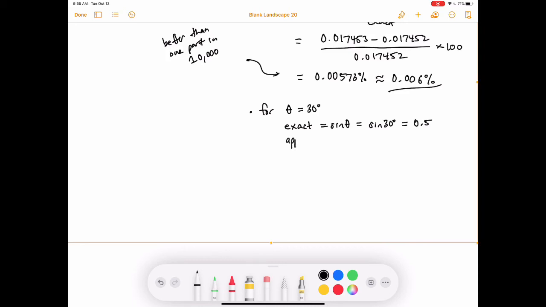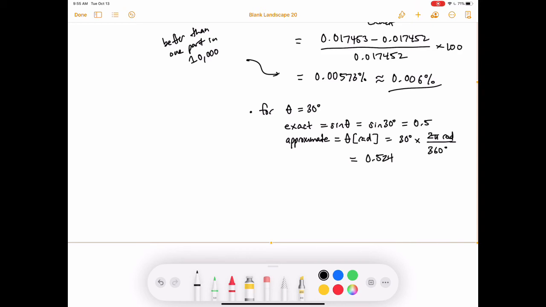The approximate value is theta in radians. So we'll take 30 degrees now and convert that to radians. Using the same conversion factor, we have 2 pi radians for every 360 degrees, and this turns out to be 0.524. So it's still pretty close, right? But it's not as close as it was before.